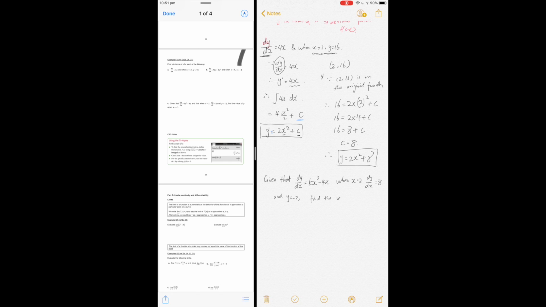Find the value of y when x is equal to negative 1.